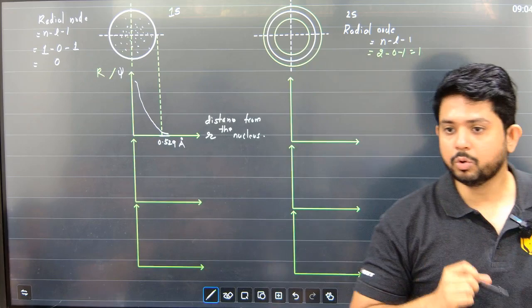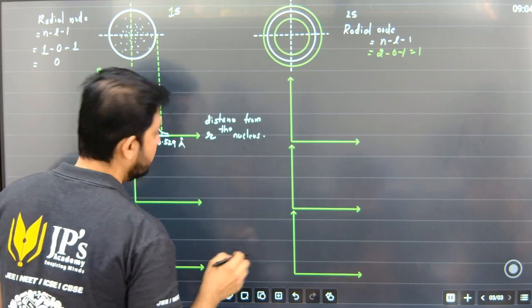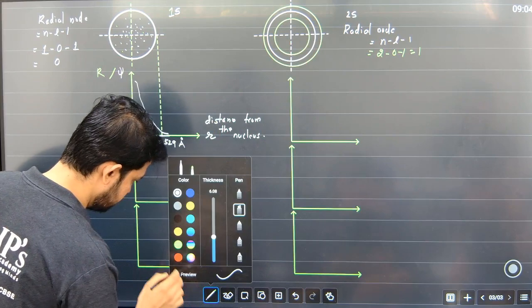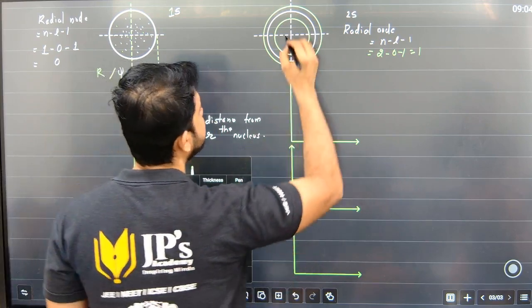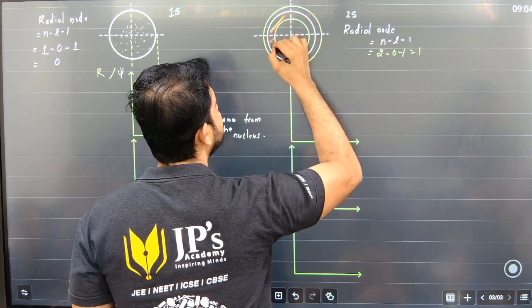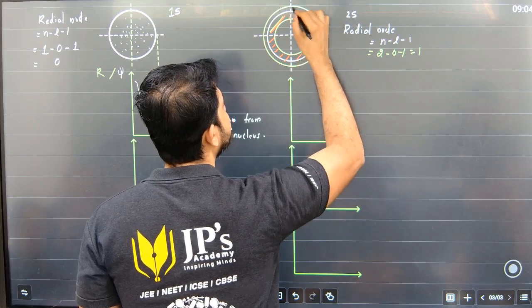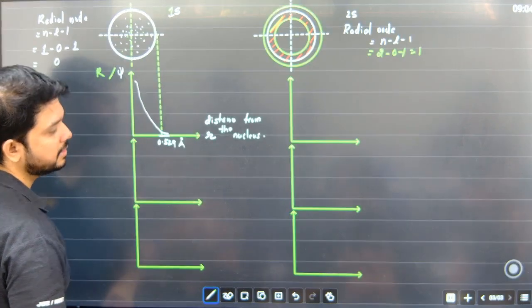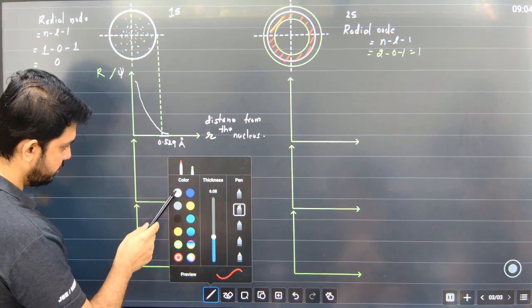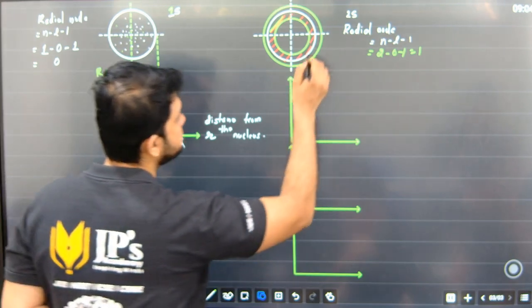Which means there's one node. इसका मतलब, if you look at this part, ये हमारा node का region था. ये जो red में किया है. Do you people remember that? Which means the possibility to find electrons over there becomes 0.